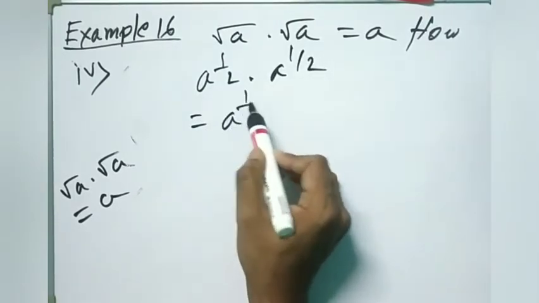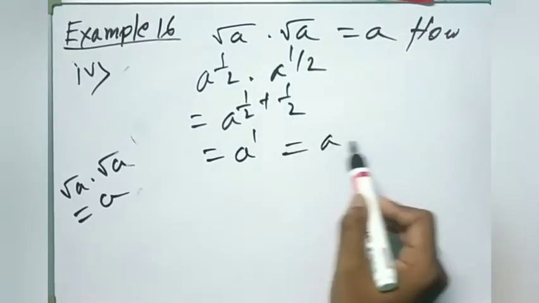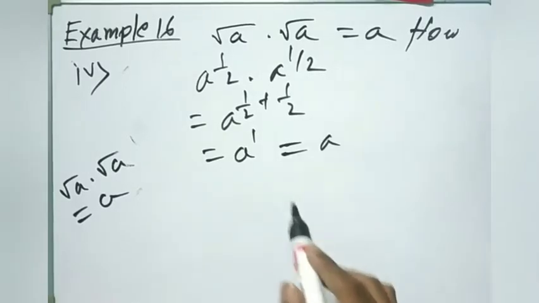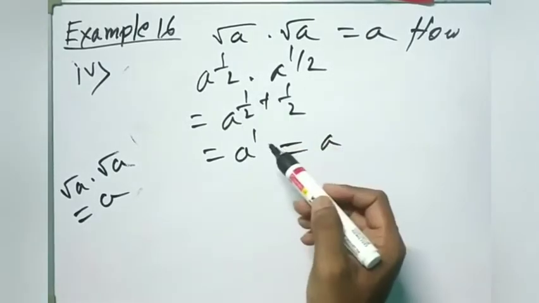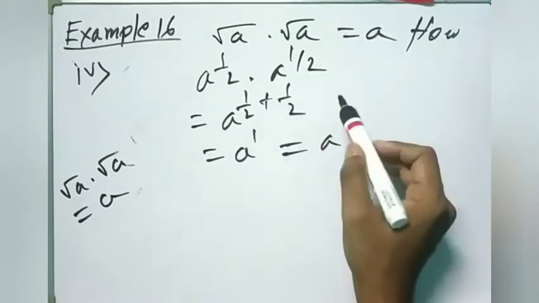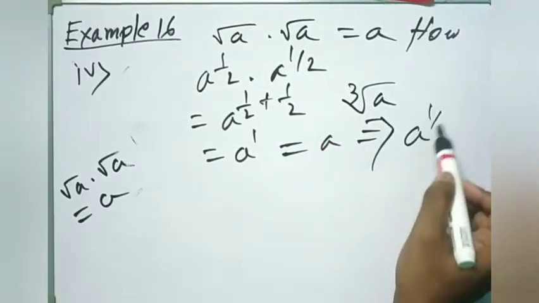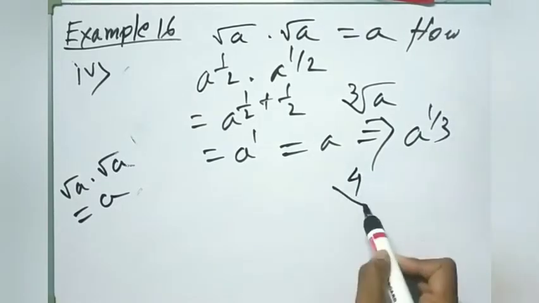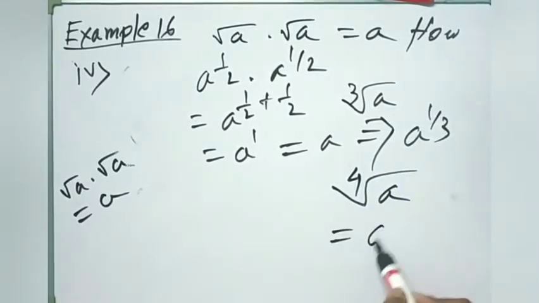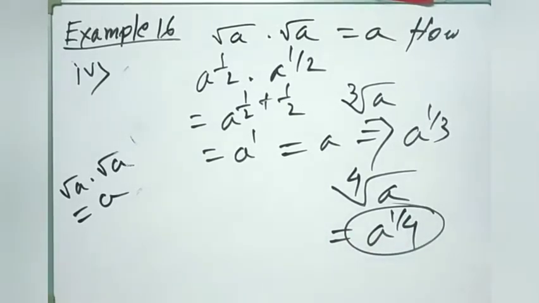Now a to the power half plus half equal to a to the power 1 equal to a. So we will come to all these properties later, but this expression can be written as a to the power 1 by 3, 4. So this expression can be written like this. Okay, so I am coming to these properties in future videos also.